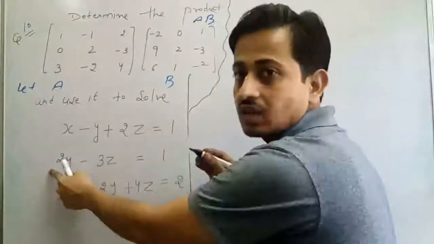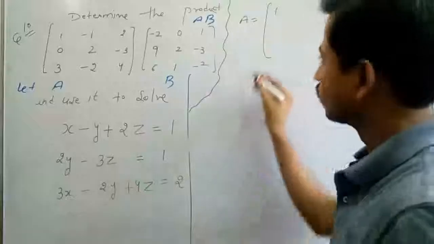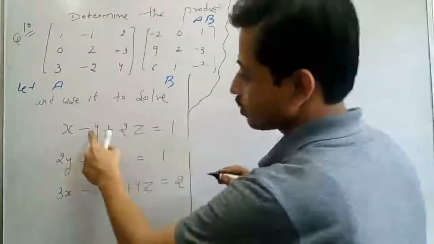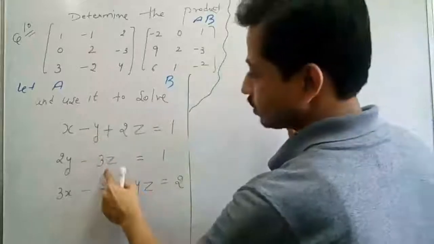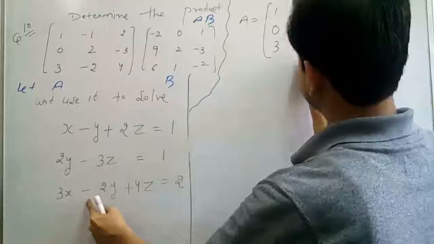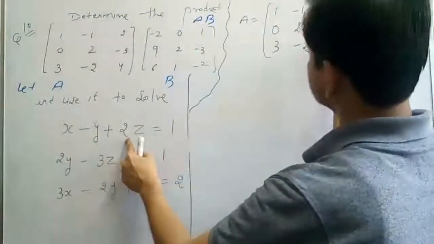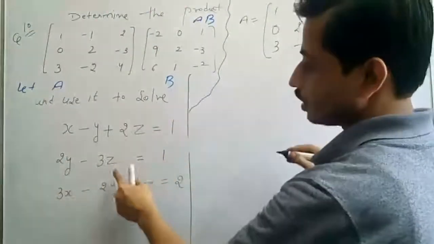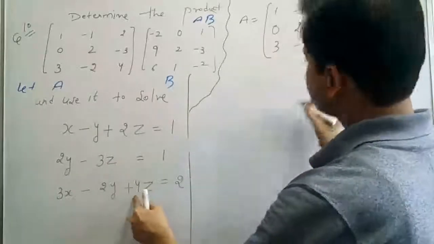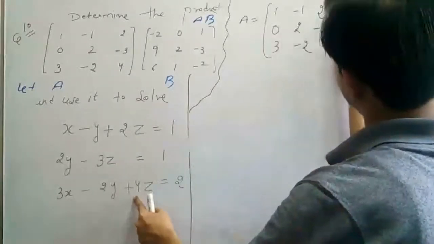Coefficient of X is not present, so we have to take it 0. Coefficient of X is 3. Now coefficient of Y is -1. Coefficient of Y is 2. Coefficient of Y is -2. Coefficient of Z is 2. Coefficient of Z is -3. Coefficient of Z is 4.